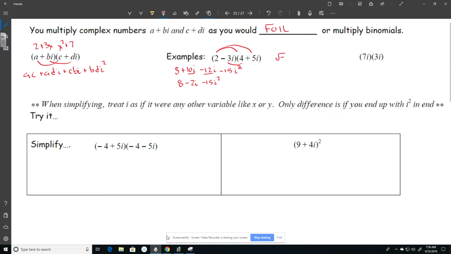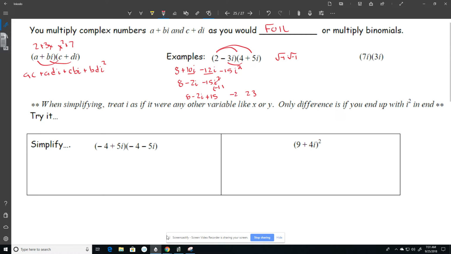Remember, i is the square root of negative 1. When I multiply those together, this turns into negative 1. So I actually get 8 minus 2i, and then negative 15 times a negative 1 is a positive 15. Now I've got constants to combine, 8 and 15. 8 plus 15 is 23.